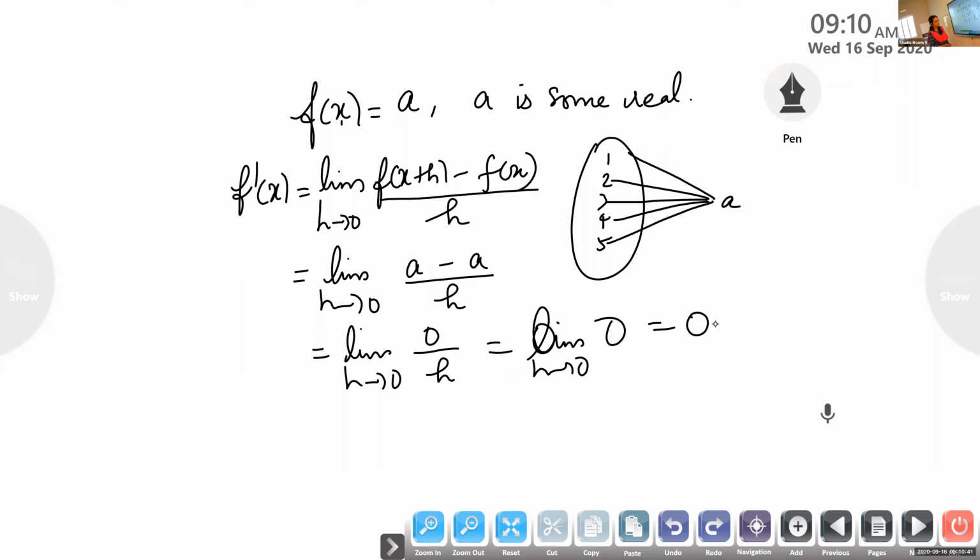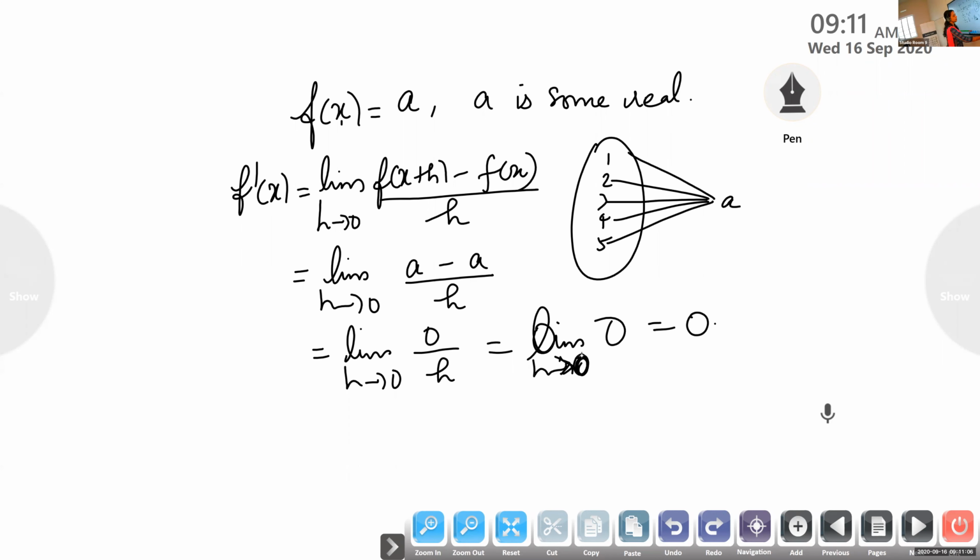Is it clear? Yes, ma'am. One thing to make sure: h approaching 0 means h is coming closer to 0. It takes values closer to 0, it may be to the left or to the right, but it is closer to 0.